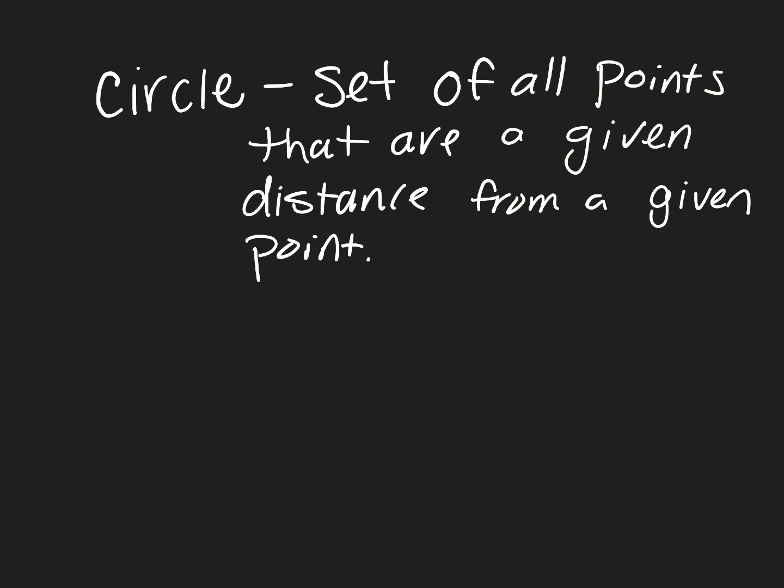All right, so basically what that means is you start with a point. And so the circle that forms then is all of the points that are the exact same distance from that center point.